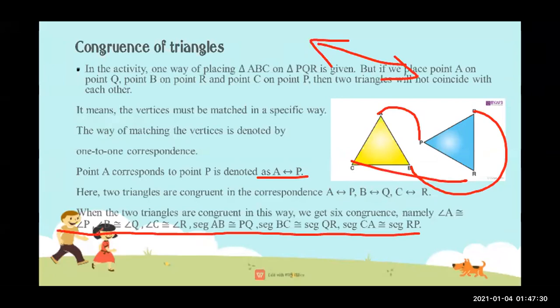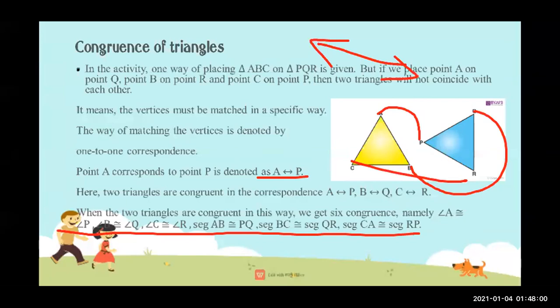Angle A is congruent to angle P, angle B is congruent to angle Q, angle C is congruent to angle R. These are the three angles we got, and we are getting three sides also. So there are a total of six, three angles and three sides, which are congruent to each other.